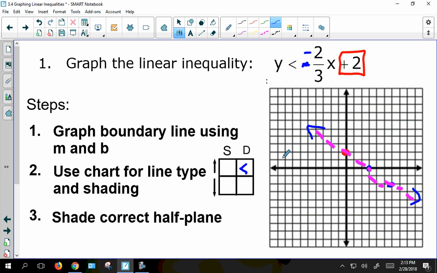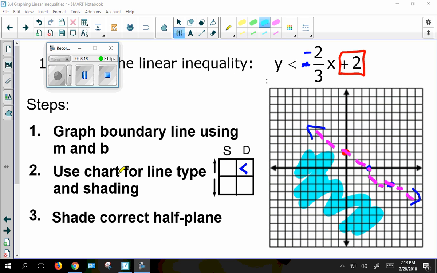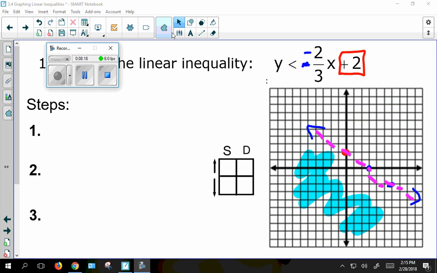Now I have to shade. Yes. I shade below because it is eating the equation. So I'm going to shade down here. Sorry, I put the inequality in the wrong box. The inequality should go down here.